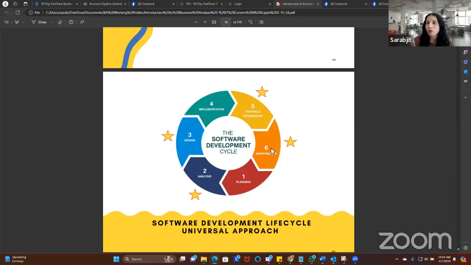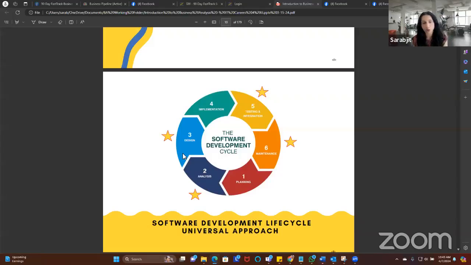If you're working as a business analyst, this is where you will be most active. In analysis, you're gathering requirements and creating your business requirements or your functional requirements.